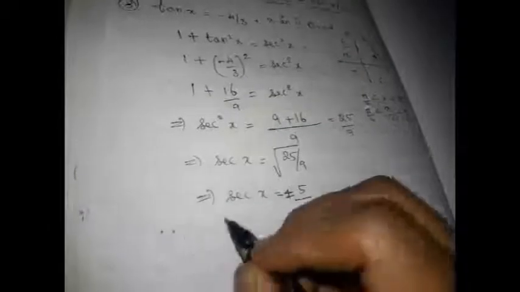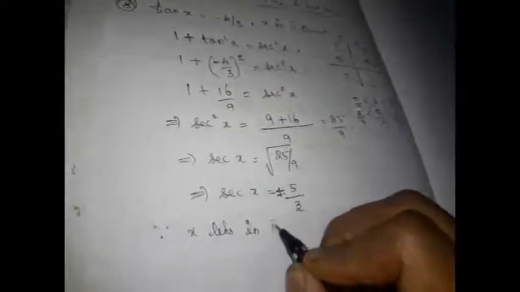Now since x lies in the second quadrant, only sine and its reciprocal is positive. Secant is a reciprocal of the cosine function, so therefore it will be negative. So you should write, since x lies in the second quadrant, secant x should be equal to minus 5 by 3, right?